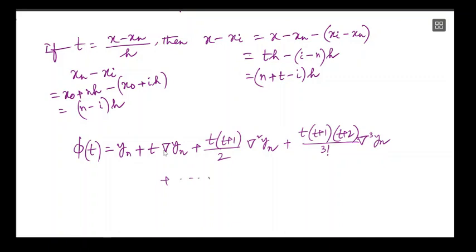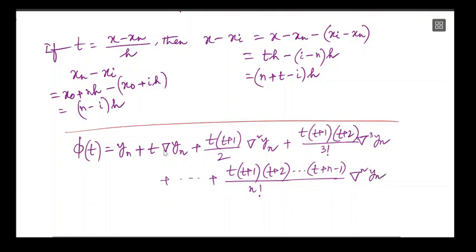In this way the last term will be t into t plus 1 into t plus 2 up to t plus n minus 1 by n factorial nabla n yn, and that's the Newton's backward difference interpolation formula.